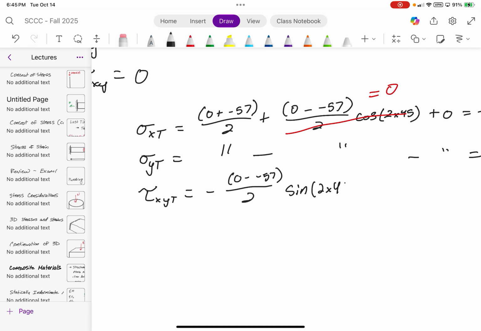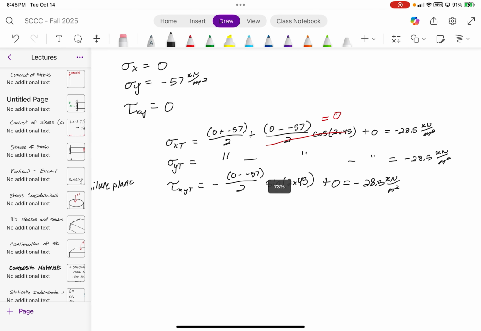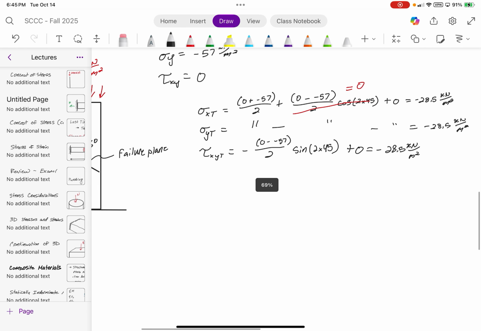Sine of 2 times 45 plus 0. And this gives you negative 28.5 kilonewtons per square meter. Make sense? All right.